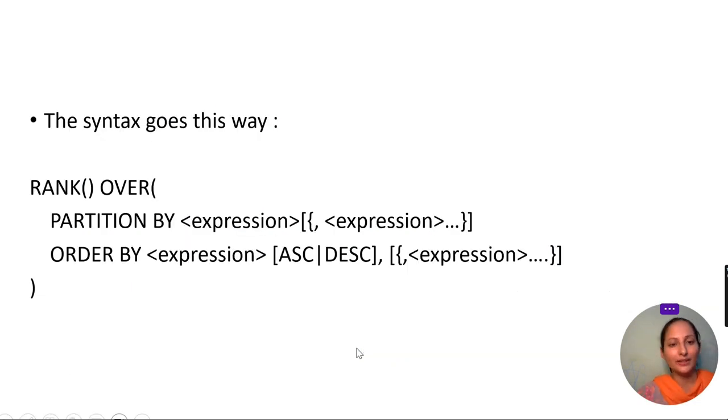Now, what is the syntax of rank? First I am going to tell you the syntax of the rank function. It goes like this: RANK within brackets, then OVER, then we use PARTITION BY, then we use ORDER BY, and expression ascending or descending.